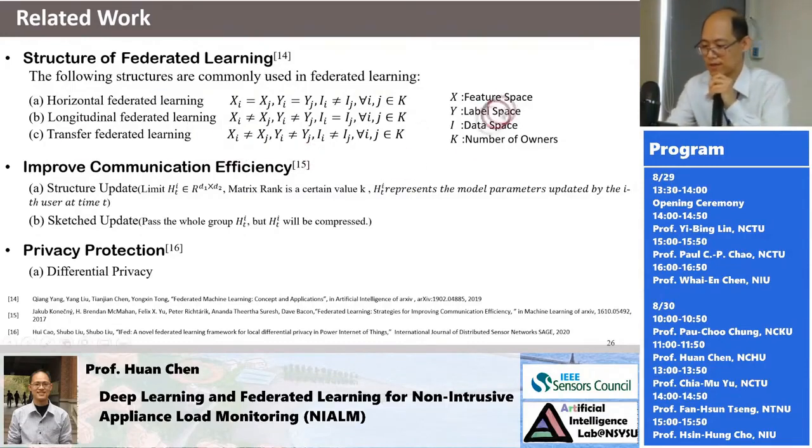In this case, the feature space and labeling are kept the same. And federated learning can improve the communication. Some research has been proposed to improve the communication efficiency, such as structured updates and sketch updates, which are out of the scope of this talk. So we only introduce how to apply federated learning to non-intrusive load monitoring schemes.